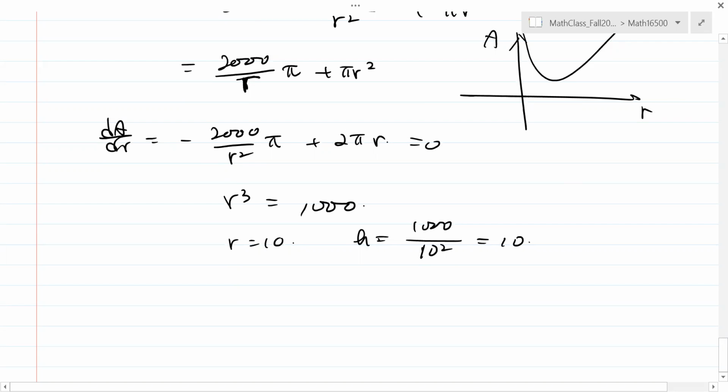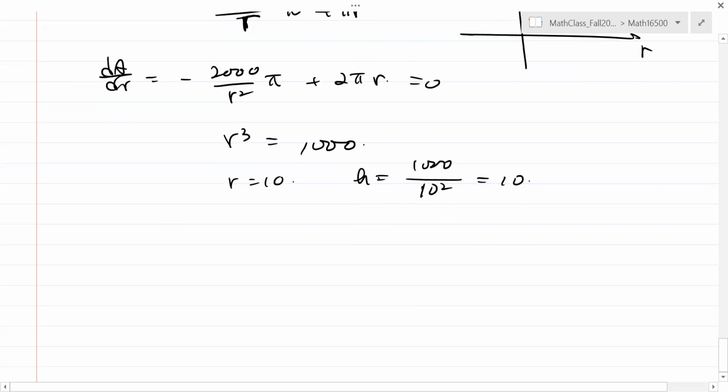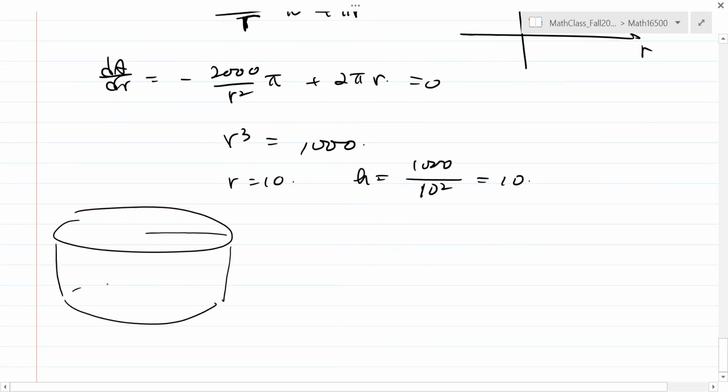If you assume it's 1,000 pi cubic feet, then you find out the height should be equal to the radius. So my understanding is the cylinder must look like that. This minimizes the material and the cost.